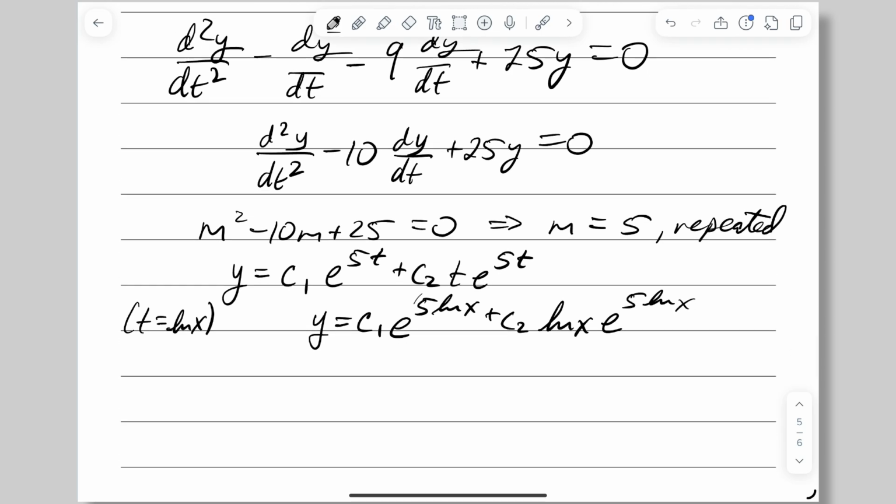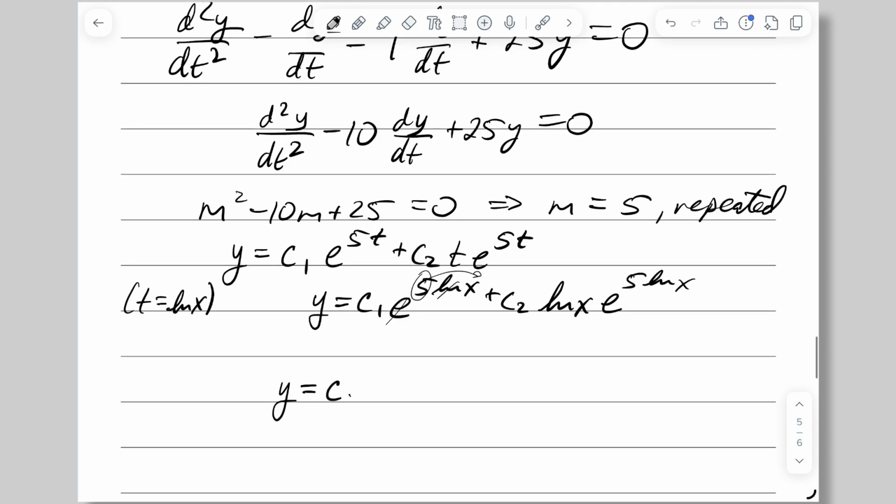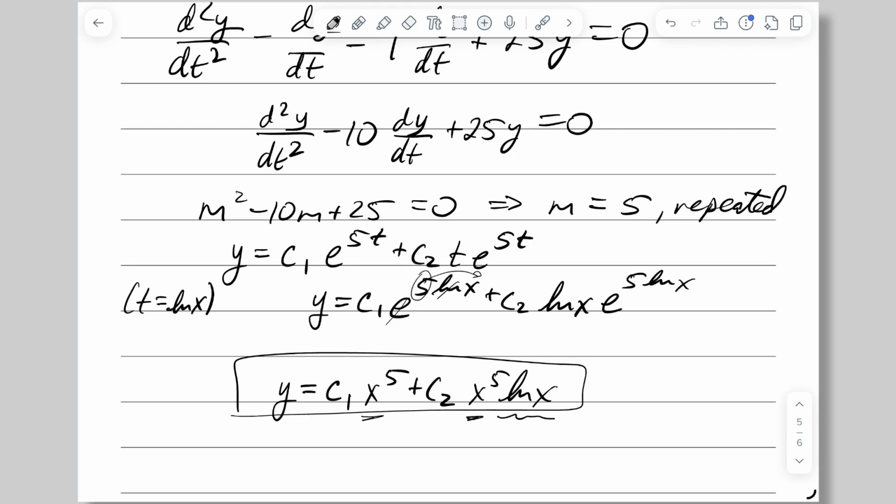And the 5 becomes the exponent on x, e to the natural log offsets each other, or they cancel out, and we end up with y equals c1 x to the 5th power plus c2 x to the 5th power times the natural log of x. So now you see where that natural log of x is coming from, and hopefully that x to the 5th power is making sense for the other examples that we saw in this set of videos.